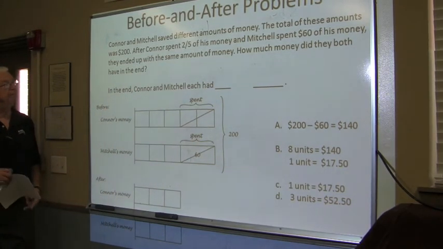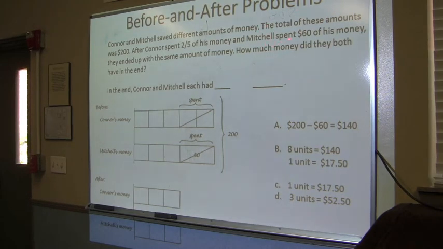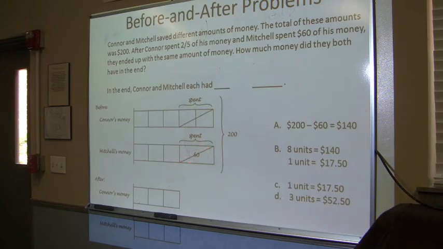And Mitchell spent $60, so I don't know how many bars that is, but I just put the $60 in there for what he spent. They ended up with the same amount. It says Mitchell spent $60 of his money, so this was Mitchell's money, and I just marked $60 there for what Mitchell spent.